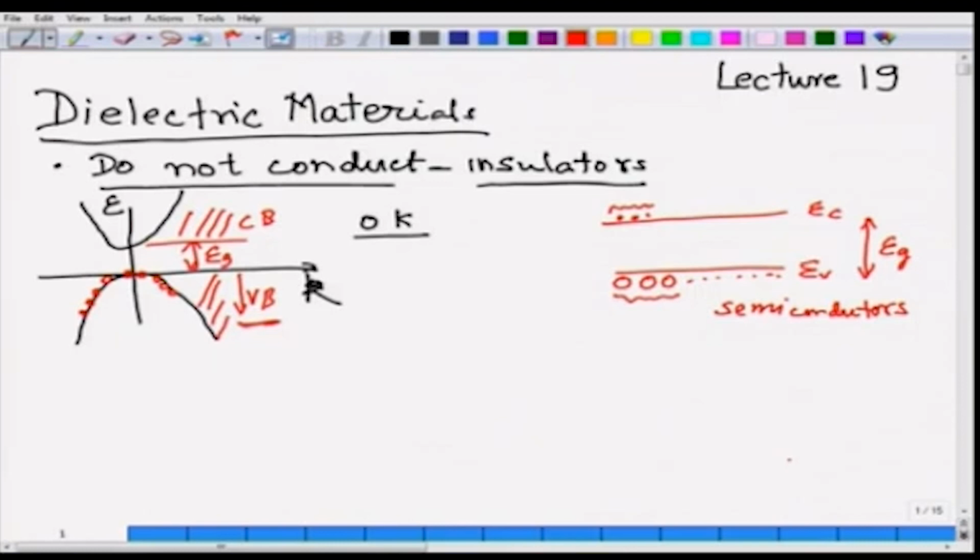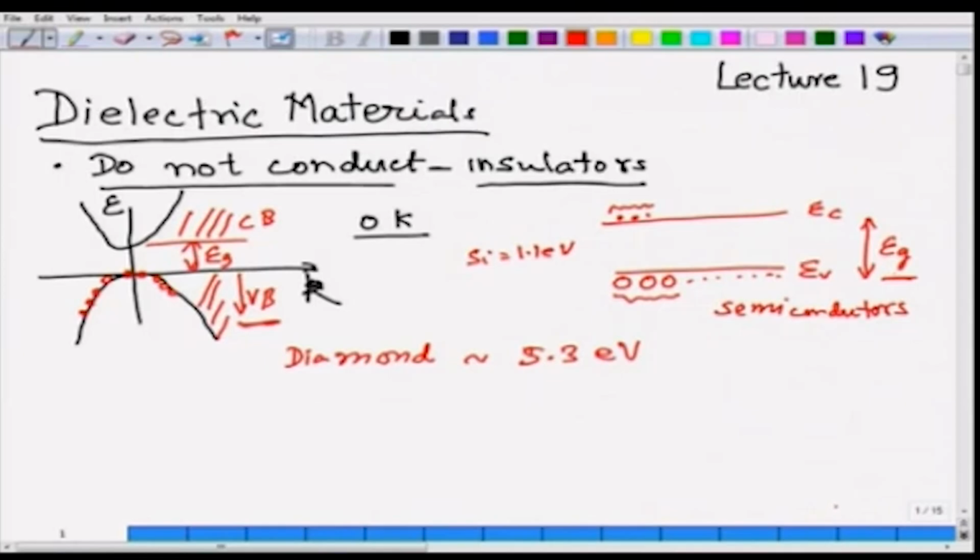Now what happens if this band gap is very large? Remember, in silicon this band gap is only 1.1 electron volt, whereas if you go to diamond, this band gap becomes something like 5.3 electron volts, a very large band gap. What happens if this Eg is very large?